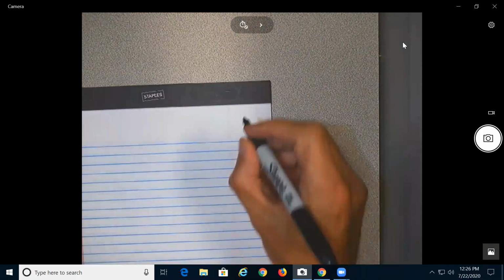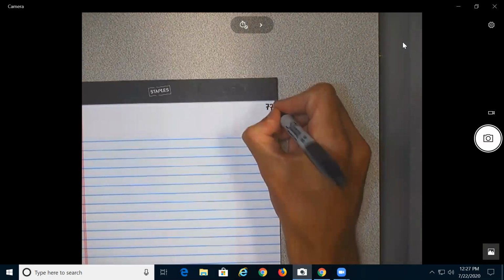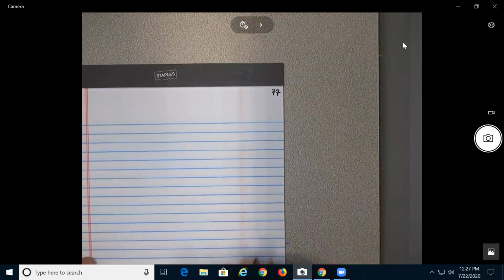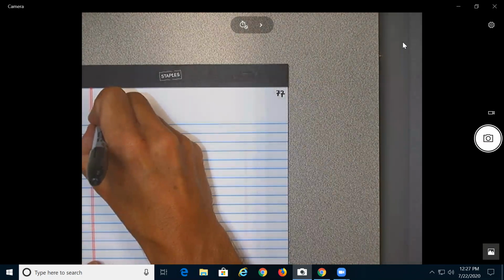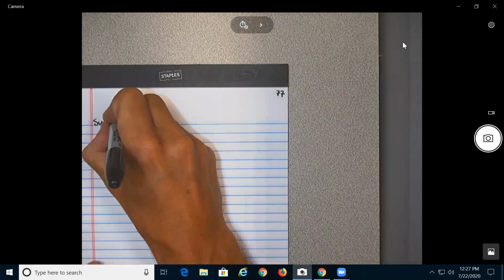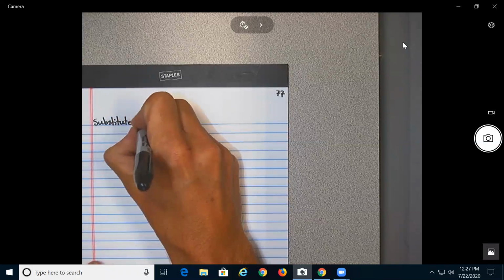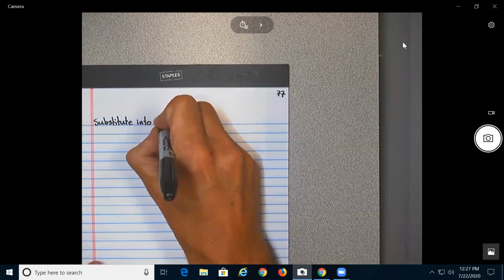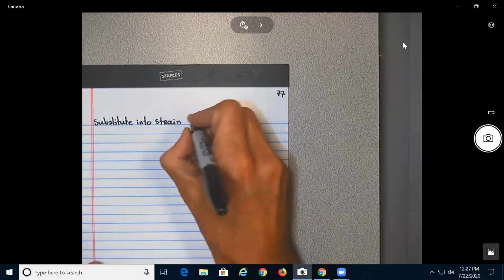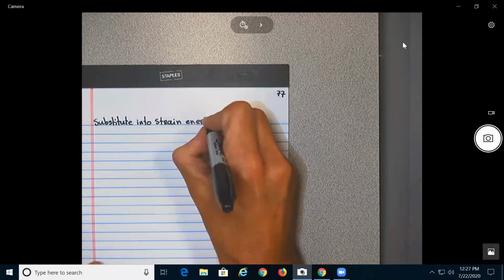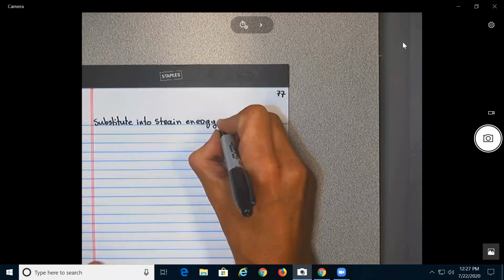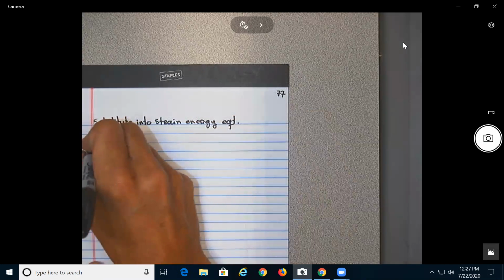So the next step is to do what? Substitute into the strain energy relation. Substitute into the strain energy equation, which again is what?